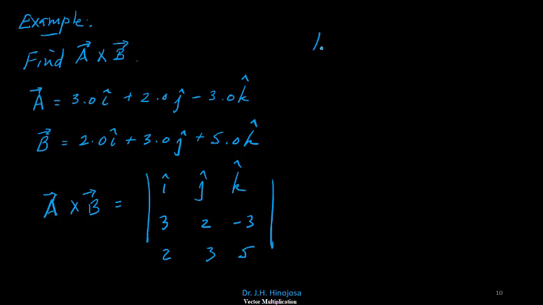So we have a cross b equals, then i is going to be 2 times 5 minus minus 3 times 3. That's in the i direction.